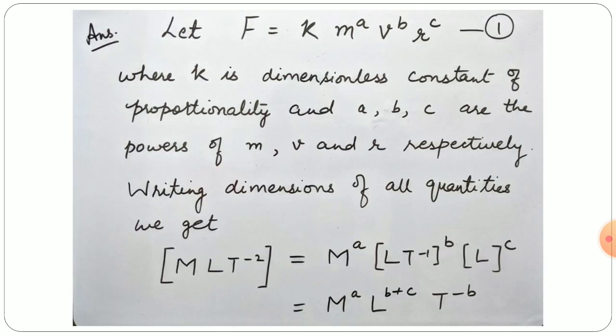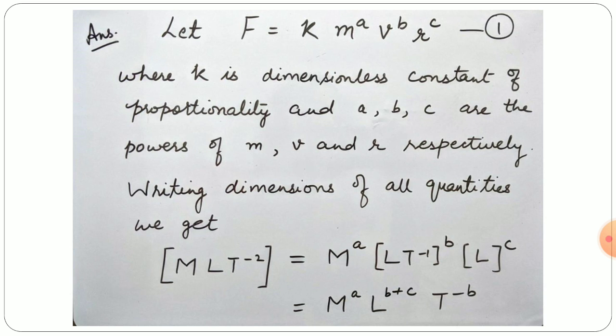Now let us solve this. We assume that force is equal to a constant of proportionality into mass to the power A, velocity to the power B, and radius to the power C. Now we will write the dimensions of all the quantities on the left hand side and right hand side.